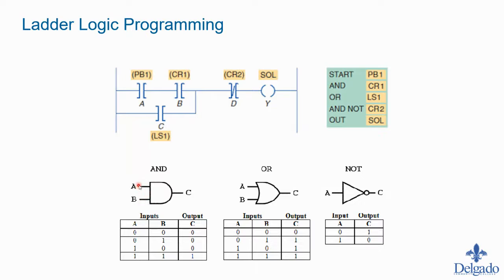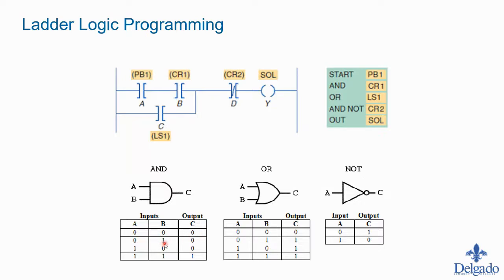So if A and B are the two inputs into this AND gate, and C is the output, it's read intuitively. In order to turn C on, A and B both have to be on. So if A is off and B is off, then C's off.